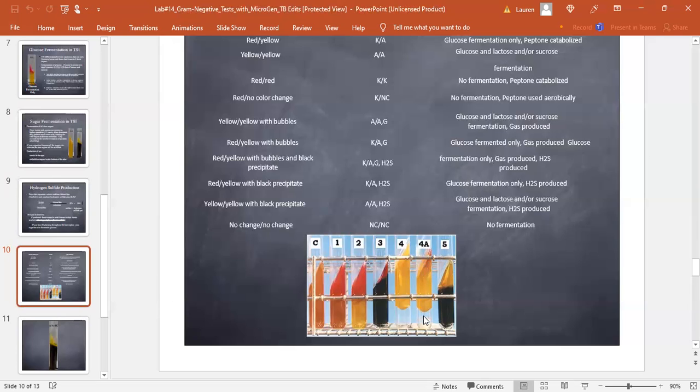So what inevitably happened in this tube was the bacteria fermented the glucose. It fermented the lactose and or the sucrose in the slant, but it ran out of energy sources. So it resorted to the peptones. And when it resorted to the peptones, it counteracted the acidic products it made by using these sugars and replaced it with the more alkaline product from catabolizing the peptones.